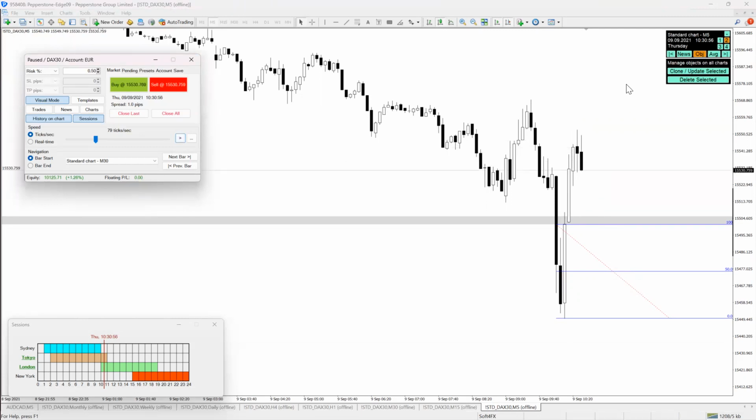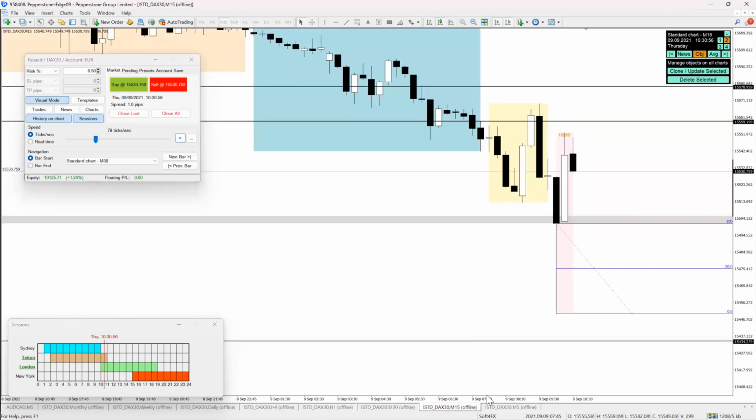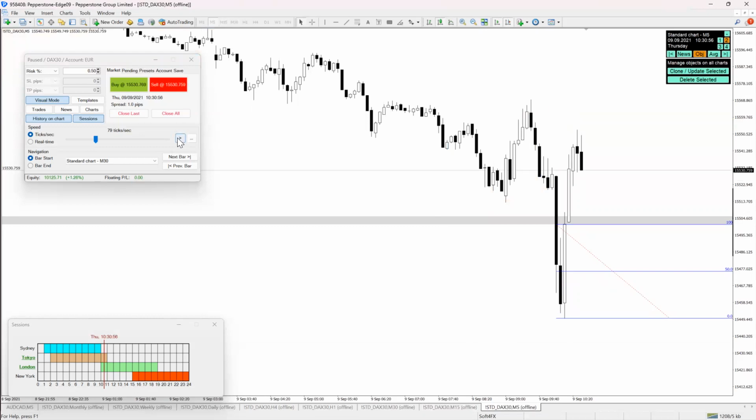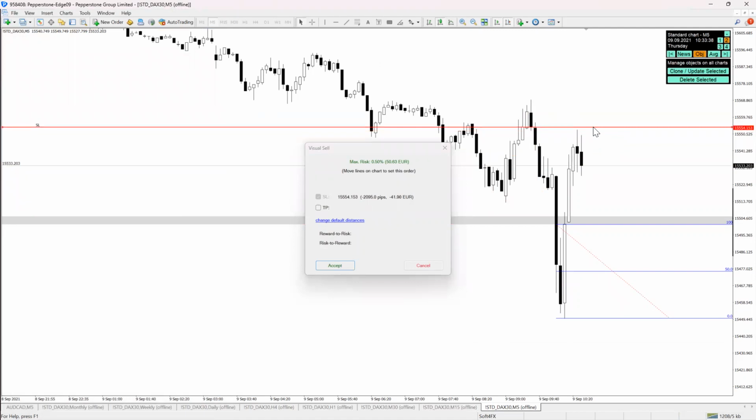So what I think is maybe I could sell down to here and then look to take a buy. I want to sell. Stops above the candle.